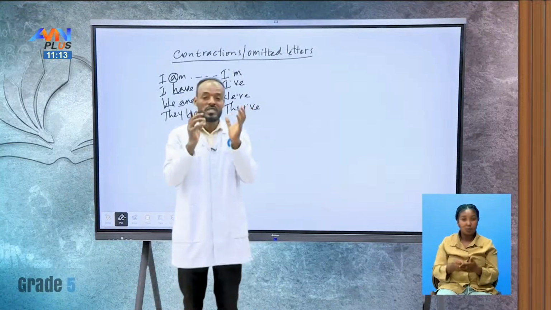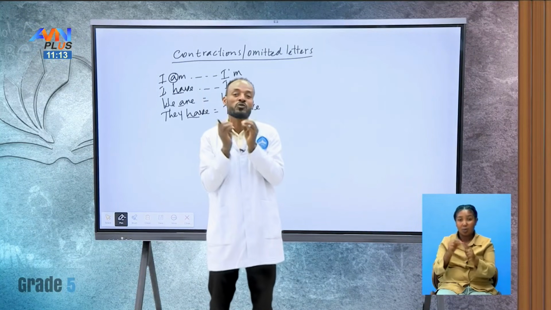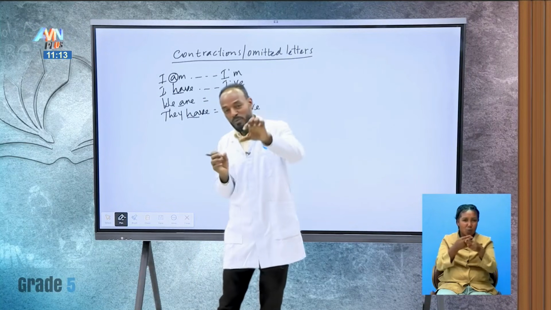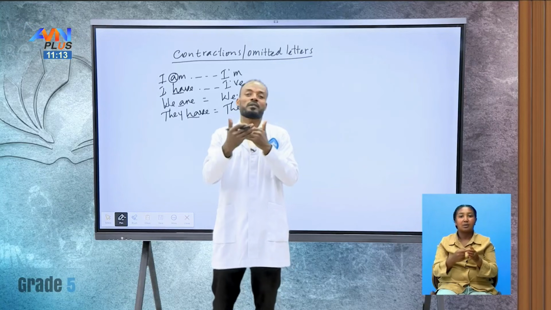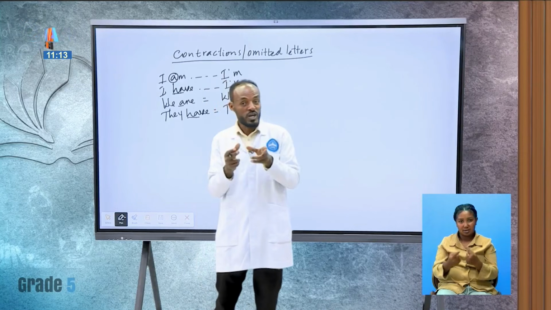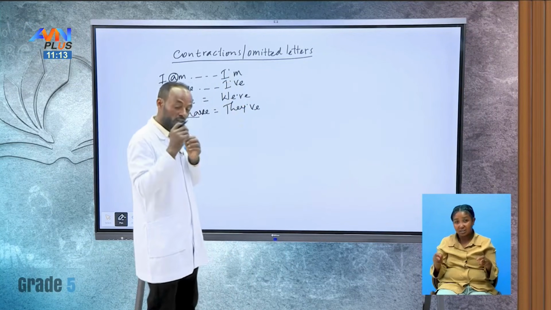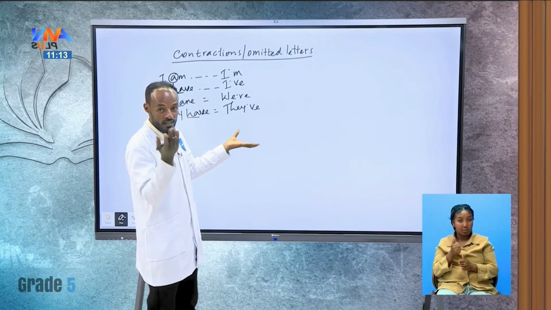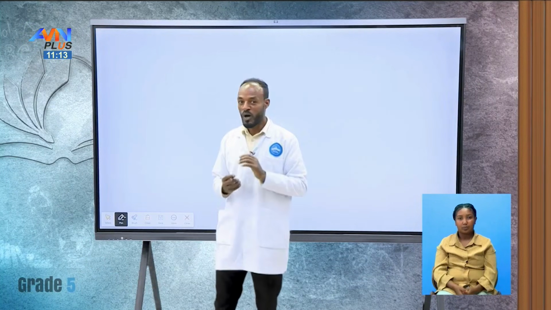So we use an apostrophe to make the word or phrase contracted, especially in spoken form. Most of the time we don't use such words or phrases in written forms because they are sometimes informal. Is it clear? Good.